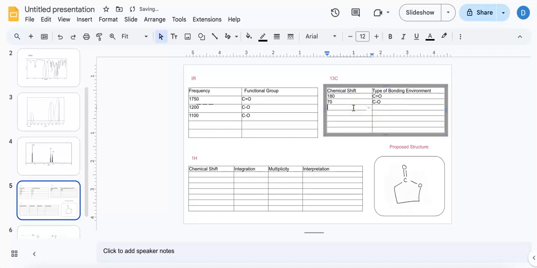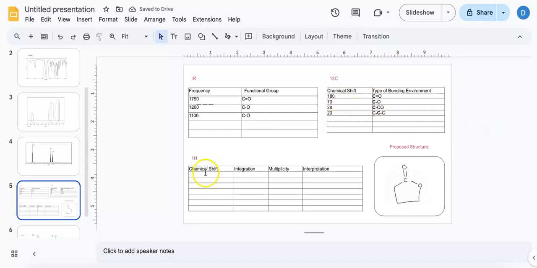About 29. Okay, so I'm going to bold this one here. Hopefully you can see that. This one here again, and this middle one. Okay, so that part of the table is complete.